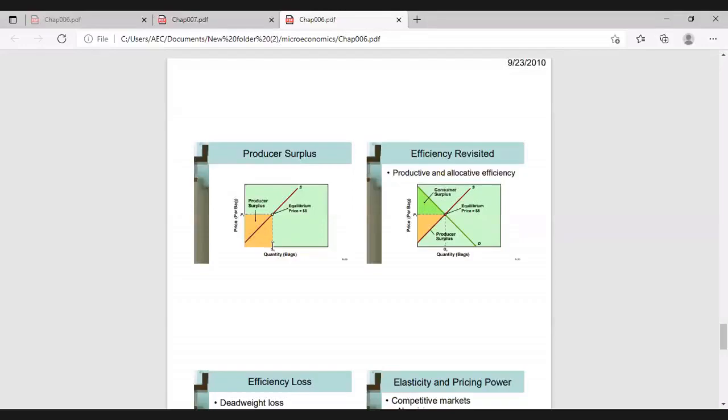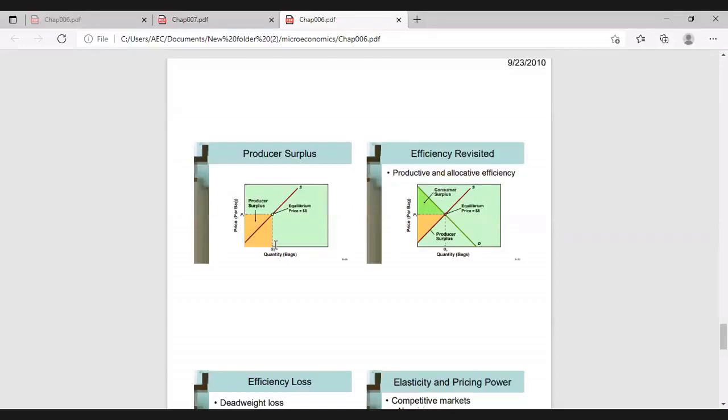So the variable cost is the lower triangle area, and the upper triangle area is producer surplus. In the market, demand and supply determine the equilibrium price, market demand and market supply.